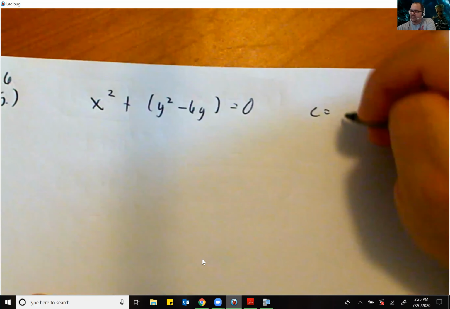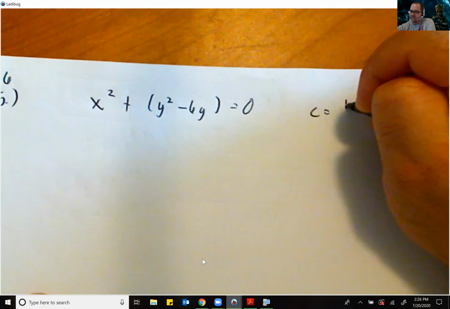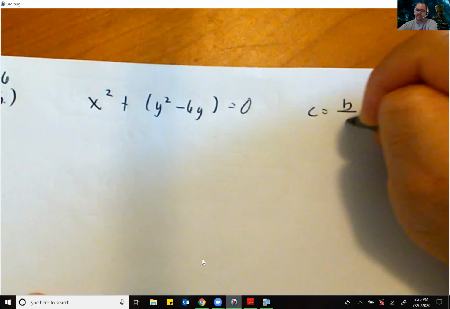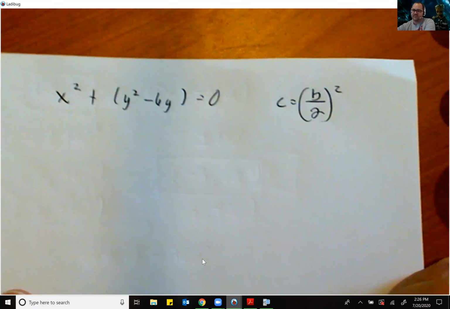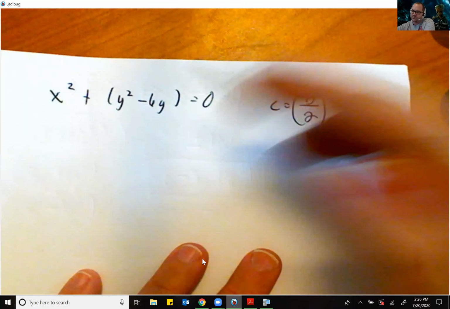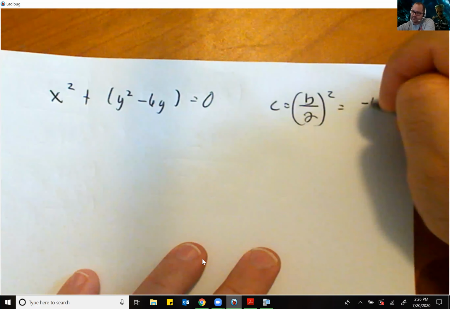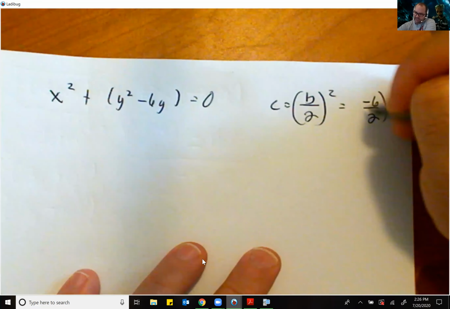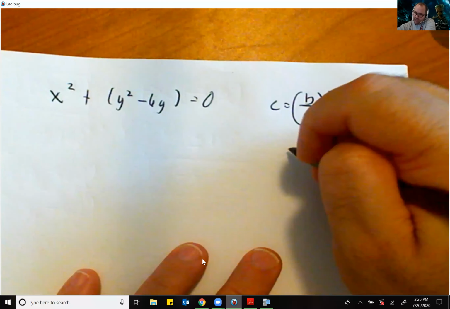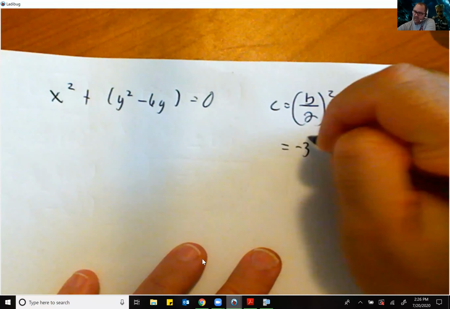In order to find that c value, this is how you do it. You're going to take b divided by 2, and then you're going to square it. So this is the b value. So you're going to take negative 6 divided by 2, and we're going to square it. Negative 6 divided by 2 is negative 3, and we're going to square that, which is 9.